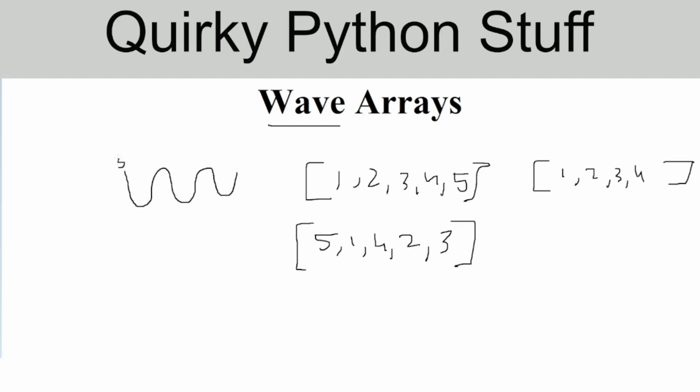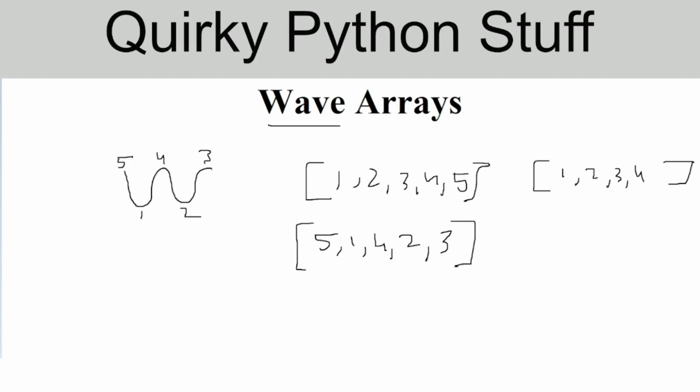This is the 5, this is the 1, 4, then 2, then 3. I think I missed, sorry, I didn't miss anything. Yeah, that's just a peak. So you see a wave pattern formed here.